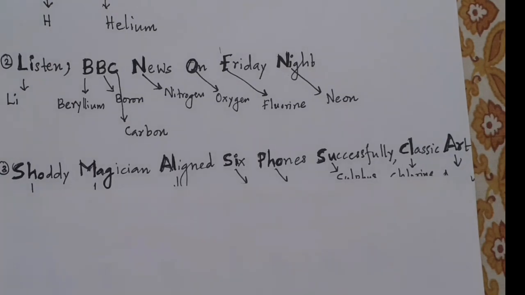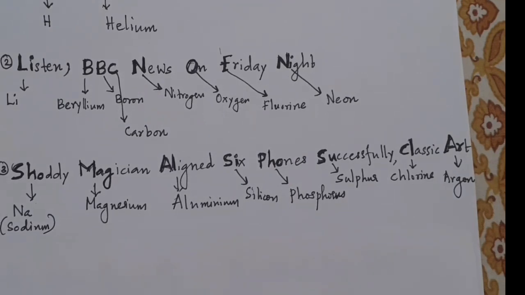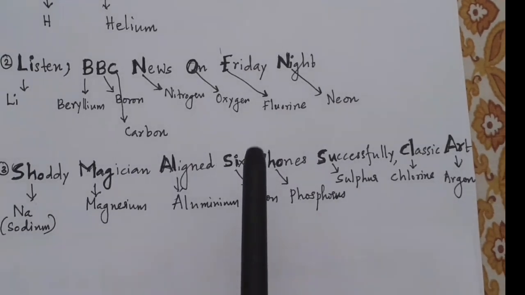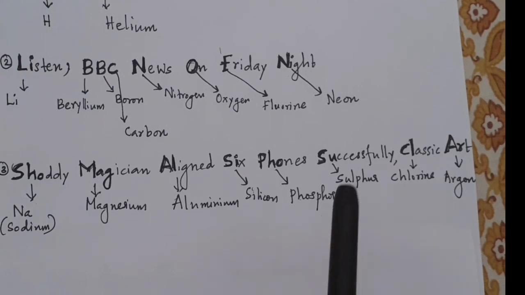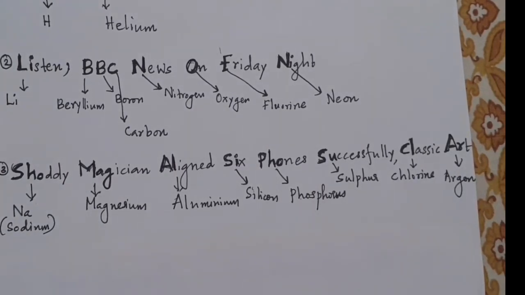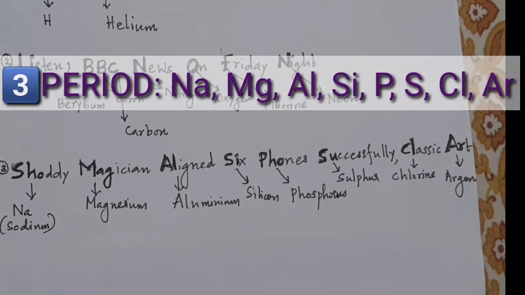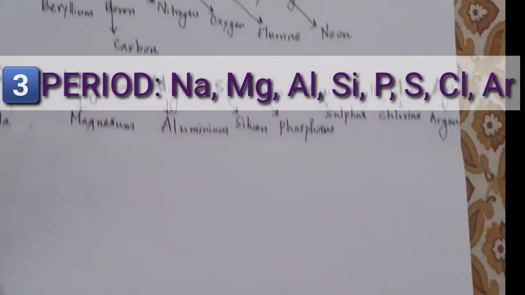Shoddy is for sodium, magician for magnesium, aligned for aluminium, six for silicon, phones for phosphorus, successfully, the Su, for sulfur, classic for chlorine, and finally art for argon. So you have to remember only this sentence: Shoddy magician aligned six phones successfully. Classic art. Hope that is also clear.